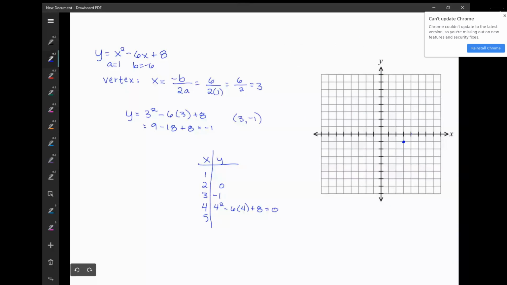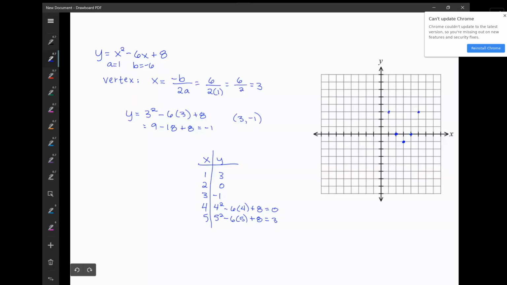So 4 and 2 will both have y coordinates of 0. If I plug in a 5 for x, 5 squared minus 6 times 5 plus 8 is 25 minus 30 is negative 5 plus 8 is 3. And 1 will also have a y coordinate of 3.